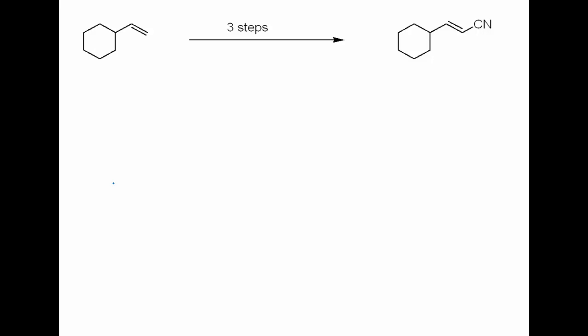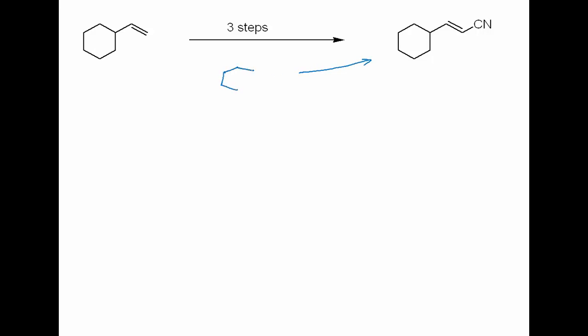So thus, in this one, making the nitrile or introducing the cyanide cannot be the last step of the reaction because it would require an illegal SN2 substrate.